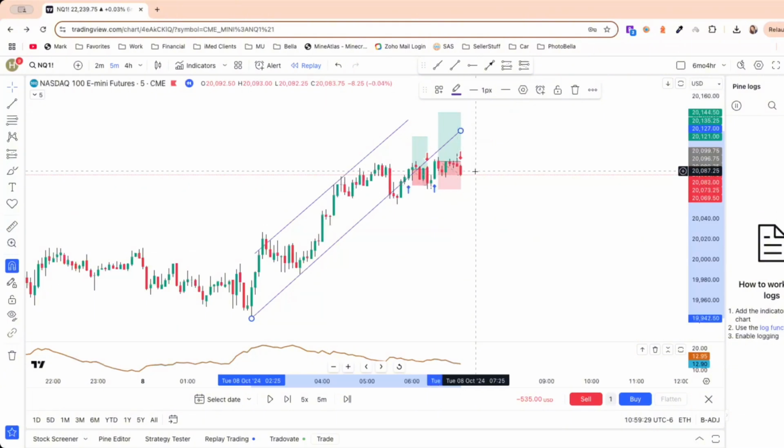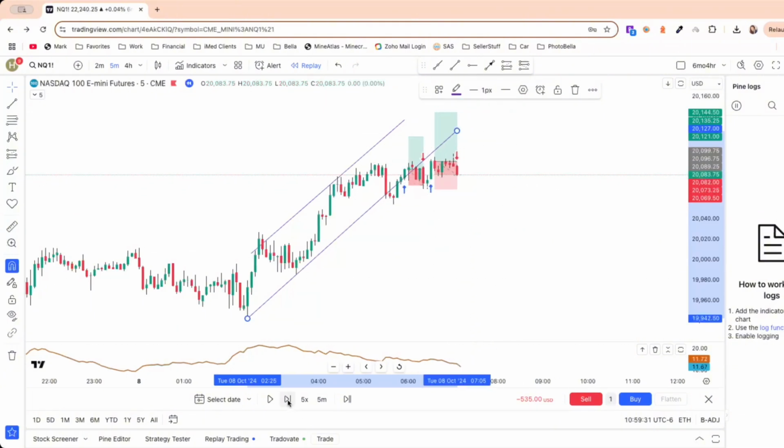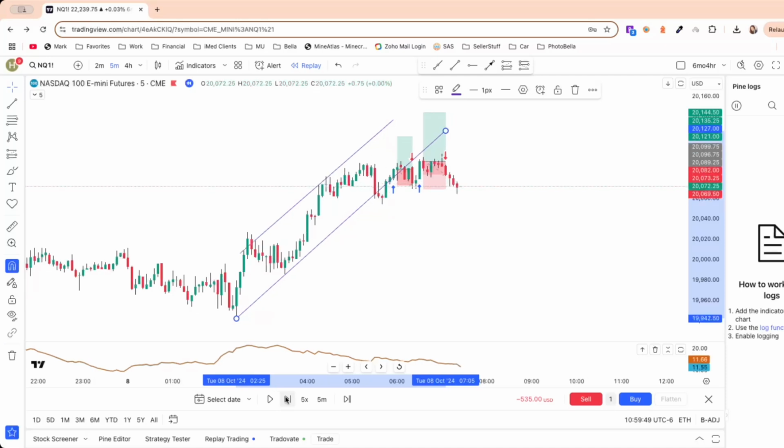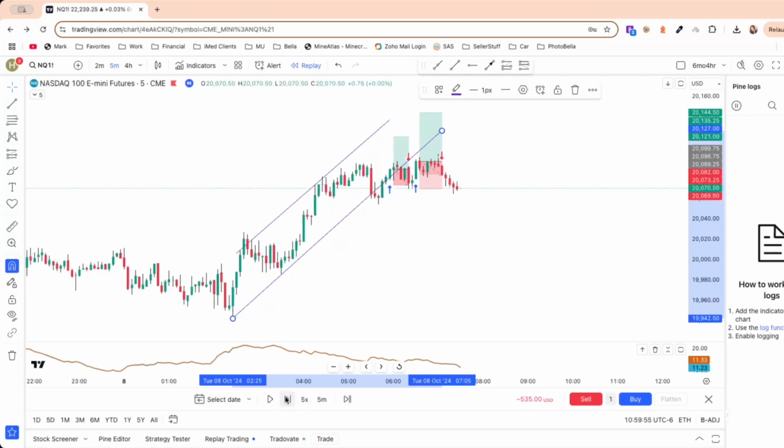Okay, so now let's see what kind of thing we're in right now. And what time is it? 7:10. We're getting closer to where I don't really like to trade because it's a little too volatile for me. So we seem to just be going down, down, down right now.